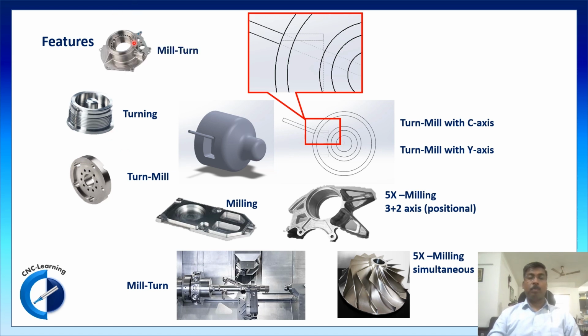Even this part can be done using turning and milling. In this case, turning and 5-axis milling, or this can be directly done on a mill turn center. So the features where turning is required, plus the milling, can be done in one machine, with maximum operations in one setting.